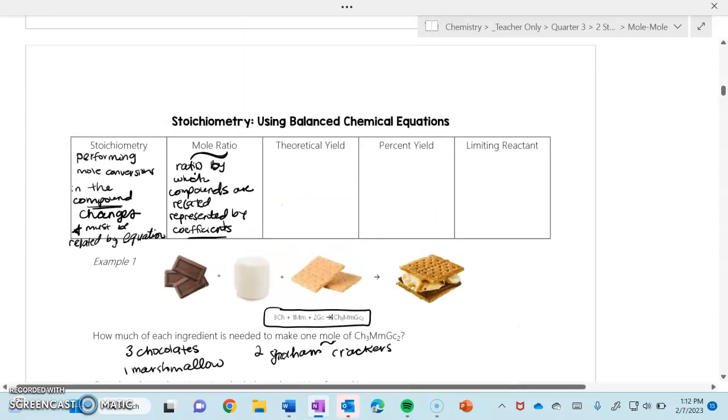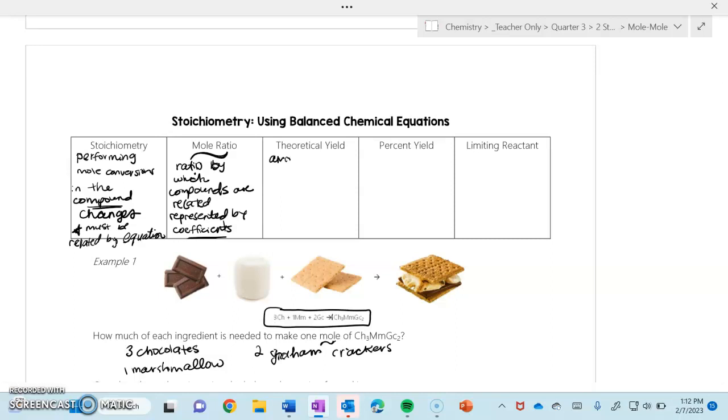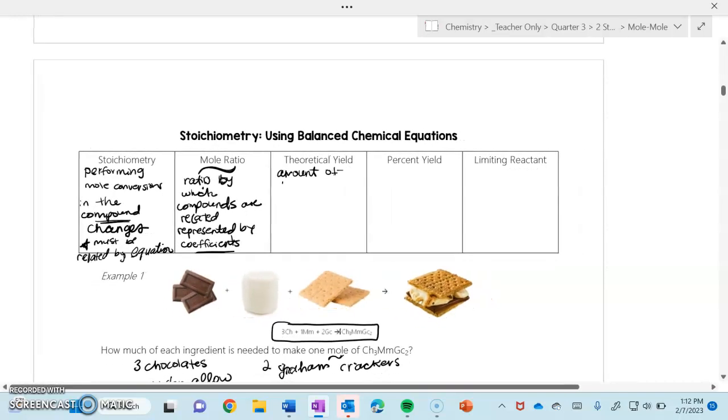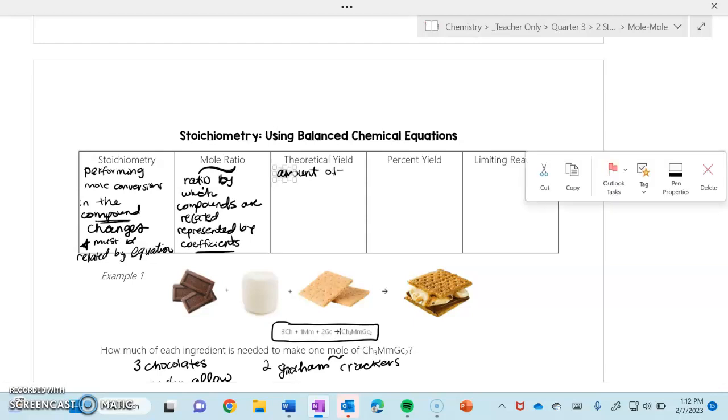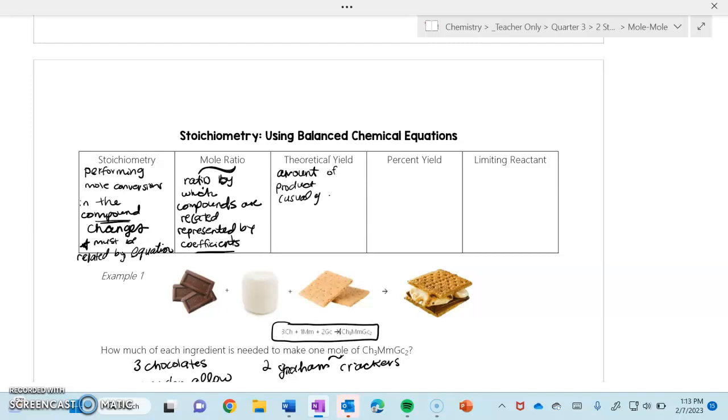So defining that term, theoretical amount or theoretical yield, is the amount of product, usually in grams, that is produced in a reaction.